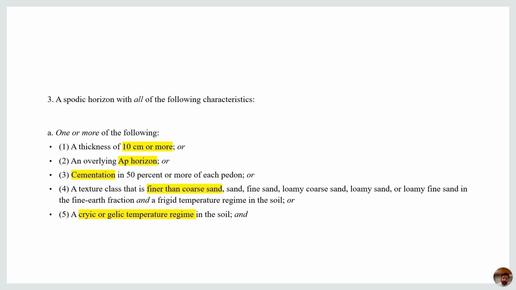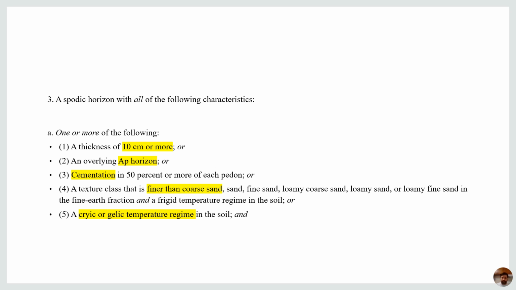So the spodosols are a specific thing, and the spodic horizon is another thing. Okay, so to classify a spodosol, I need a spodic horizon, but this spodic horizon also should have a thickness of 10 centimeters or more.